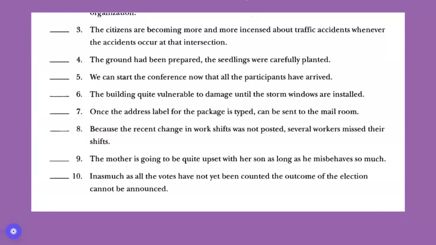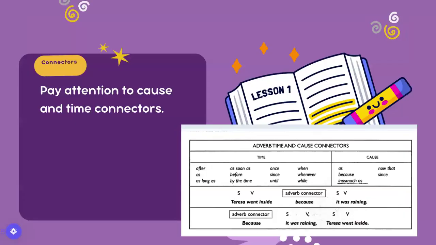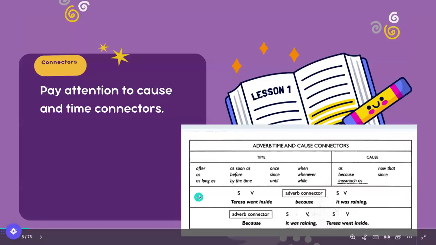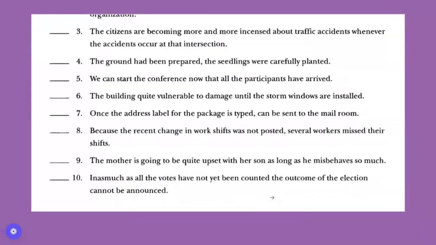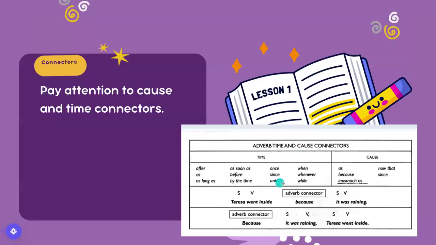Maricruz, number 5. We can start the conference now that all the participants have arrived. Let's go back to the connectors. We have after, before, as soon as, when, whenever, while, as long as, because, now that.